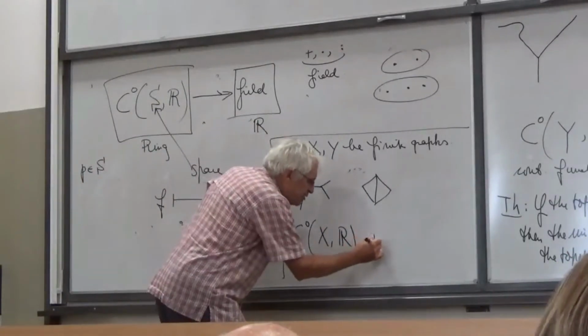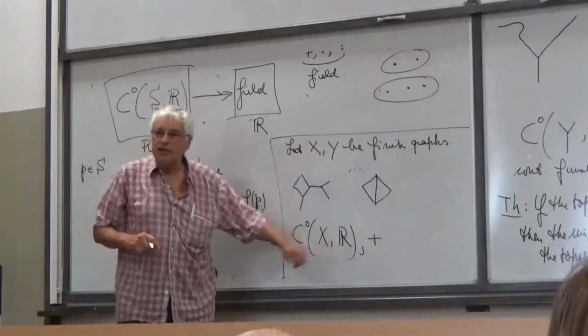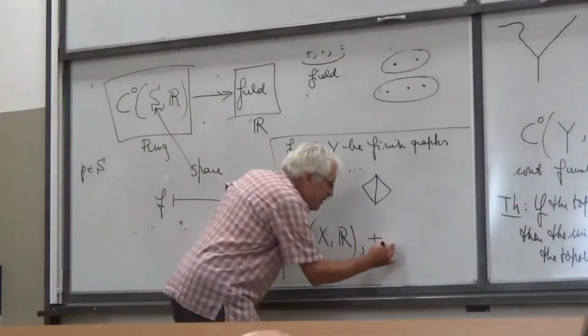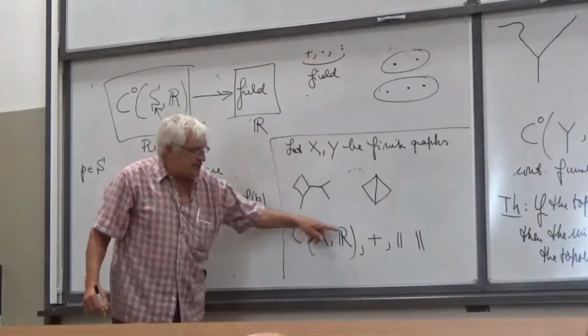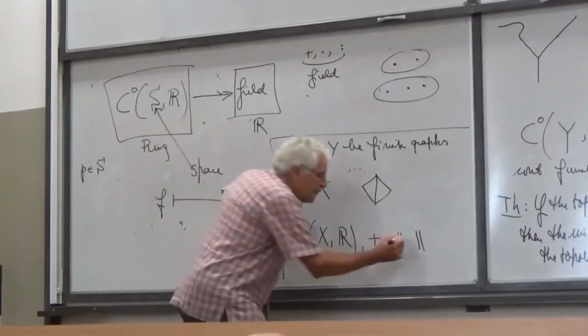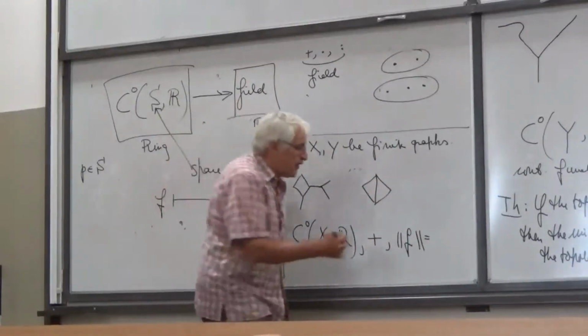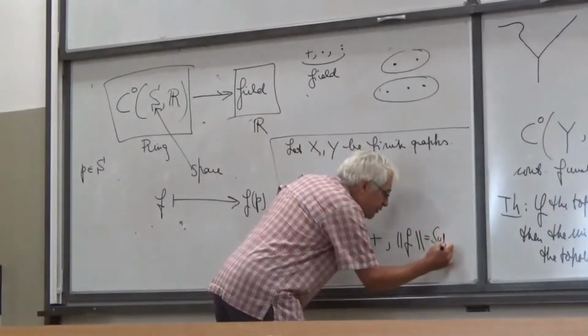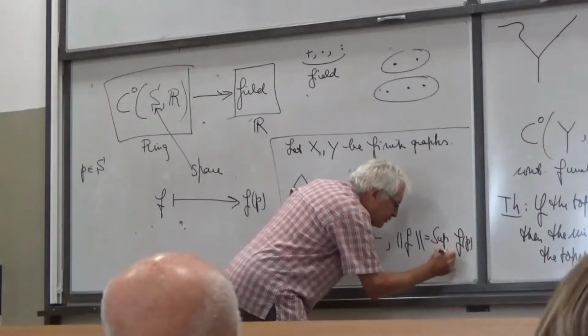I remember the addition, forget the multiplication, so there is no more a ring. But I remember the norm. This has a nice norm. The norm of a function, since X is compact, is the supremum of this function where p runs over the space X.